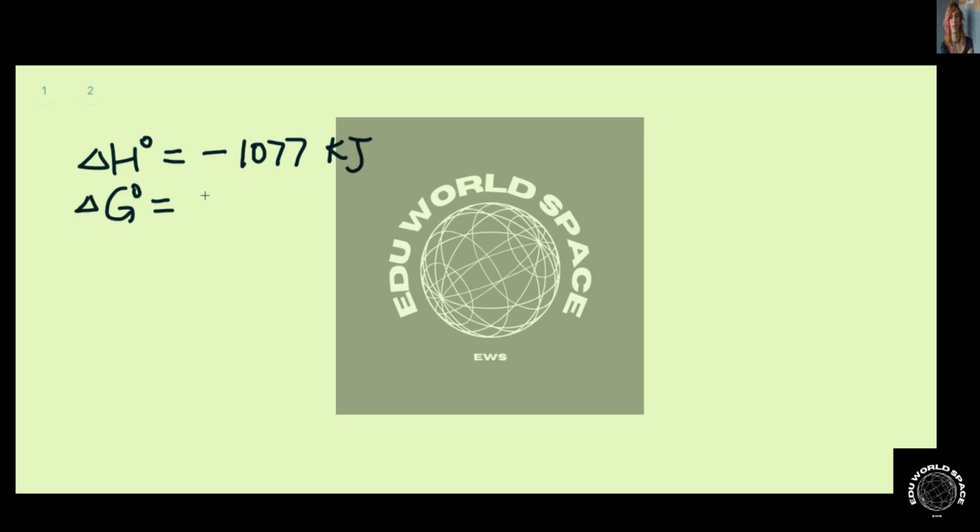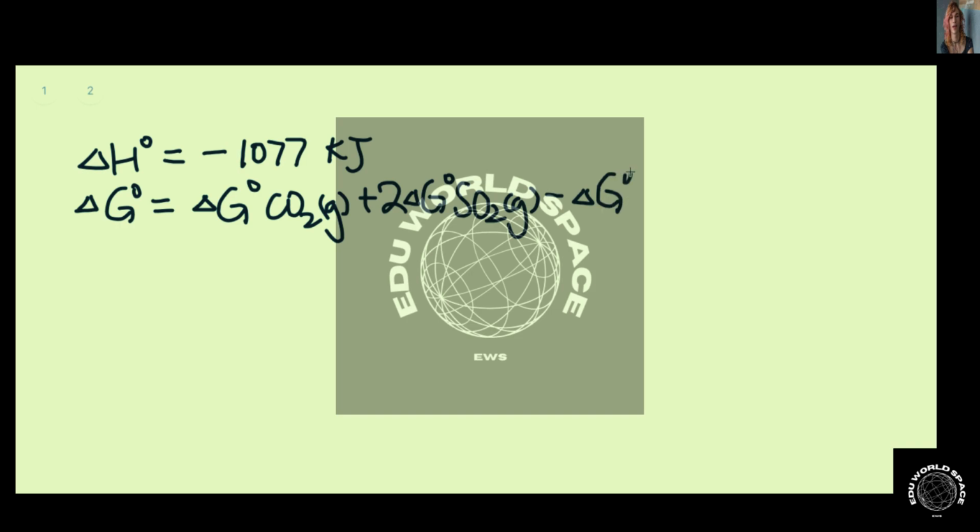That will be the delta G0 of the products minus the delta G0 of the reactants. So the products are CO2 gas, 2 times the delta G0 of SO2 gas, minus delta G0 of CS2 liquid, minus 3 times delta G0 of the oxygen gas.